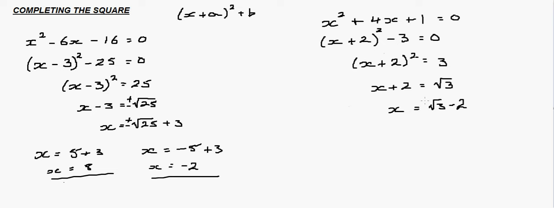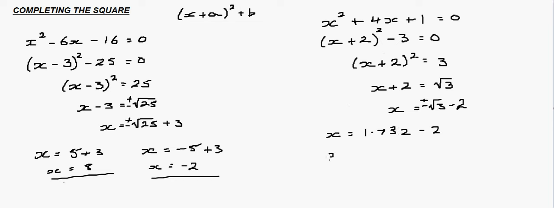Remember it's plus or minus the root 3. So let's say we have a calculator paper and they want a definitive answer. I happen to know that the root of 3 is 1.732, so we would have 1.732 minus 2.